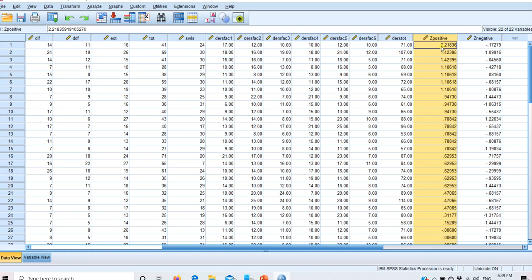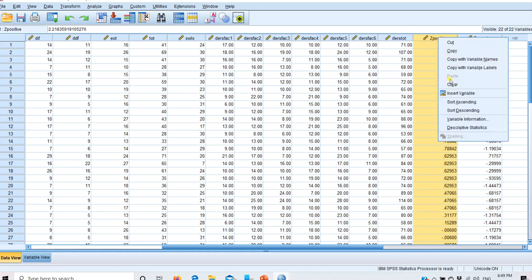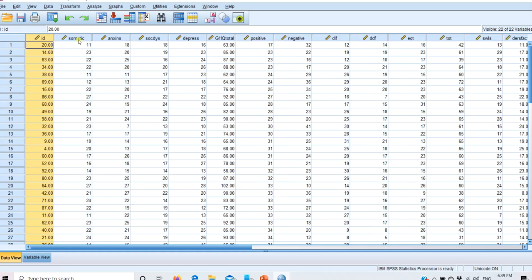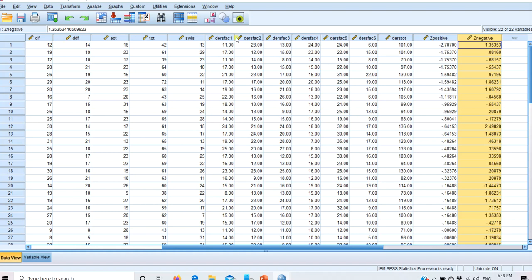Therefore we can go with plus minus 2.5, and then one case we have detected. Again I am showing, and we will have to identify that case by its ID. So this case has ID number 20. So the 20th case is an outlier if we are going with the value plus minus 2.5.